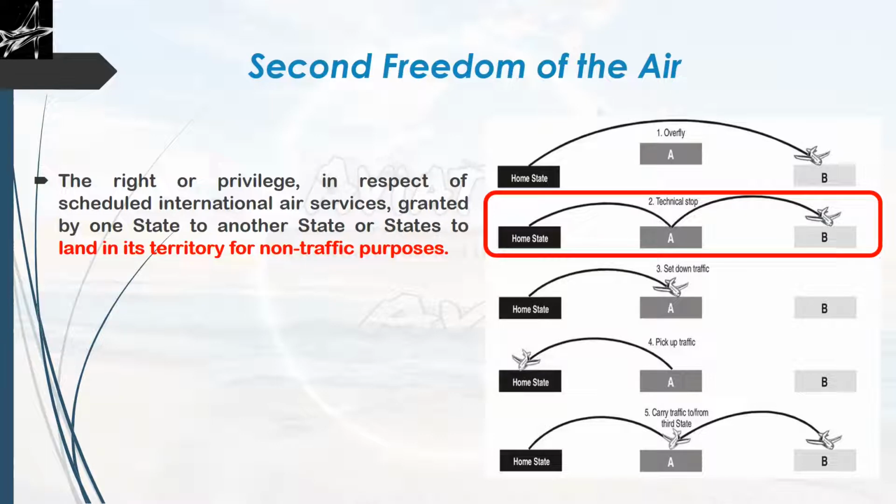Let us see this example where a country's airline flies from home state, lands in country A and makes a technical stop here and further continues its journey to country B. This practice was common when there were aircraft that did not have enough range to cover transatlantic flights at once, and they made multiple stops at various countries for the purpose of refueling.